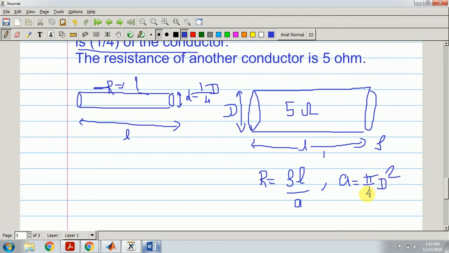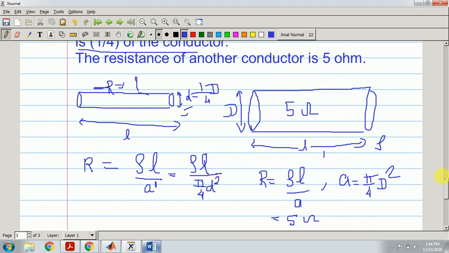So this resistor is 5 ohm. This is the first case. Now with the second case, R can be given by rho length upon area. Let's say this is A dash, and this A dash depends upon this small dia, so rho L upon pi/4 into d square.